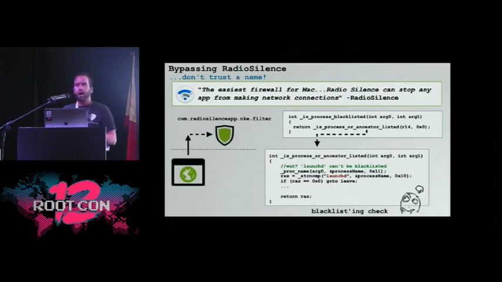Okay, let's now talk about how to bypass firewalls. First, we'll look at ways to bypass each of the most popular third-party Mac firewalls. And then we'll talk about generic bypasses that can fully bypass all of the products. Now, I do like to make the point that for any security product, if an attacker or piece of malware is proactively targeting it, they will be able to find a way to bypass it.